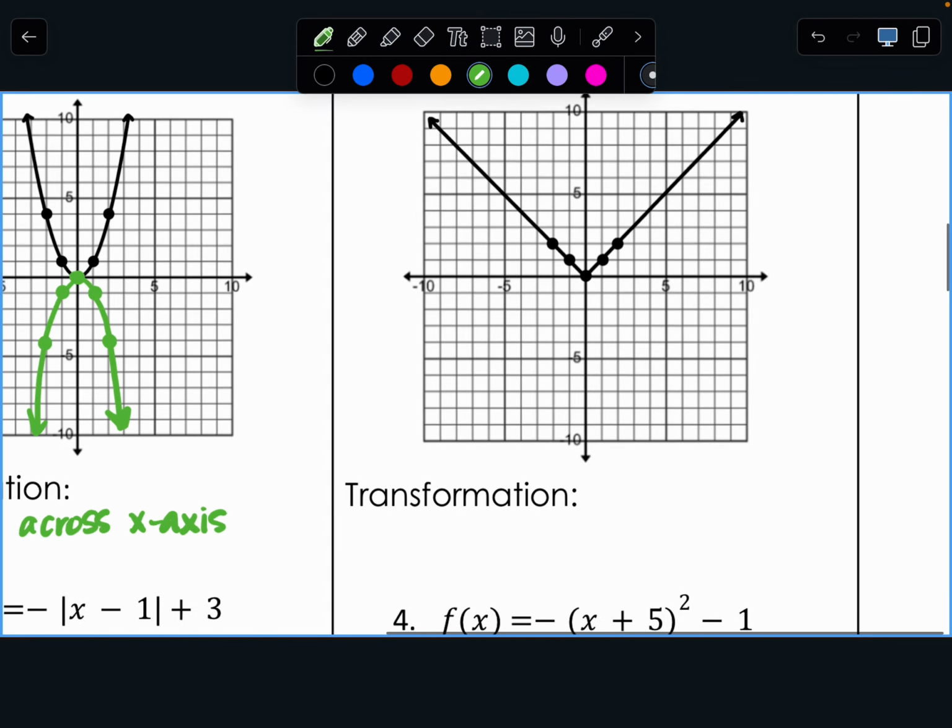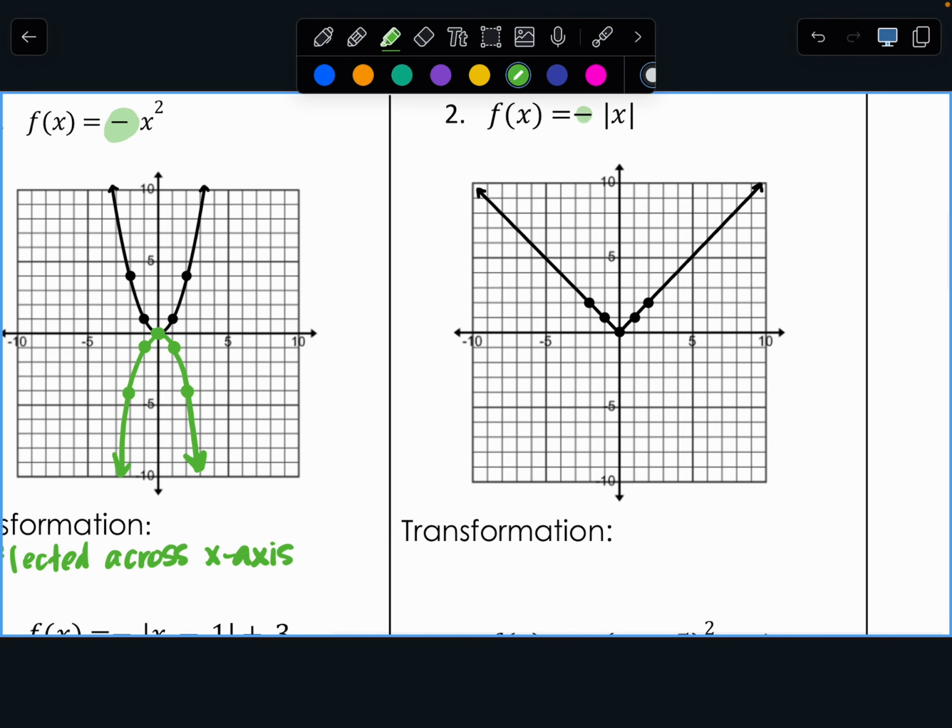For the absolute value function, again, keep the vertex in the same place, but it's a mirror image pointing down now.